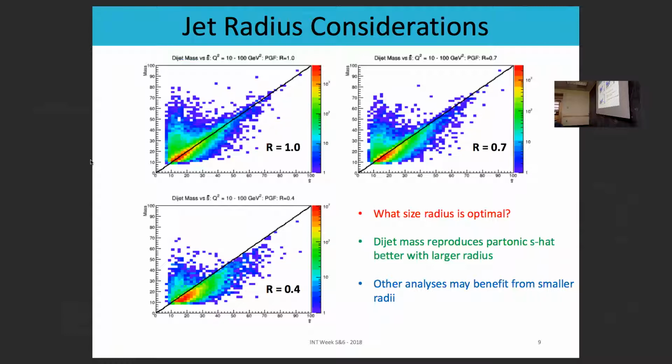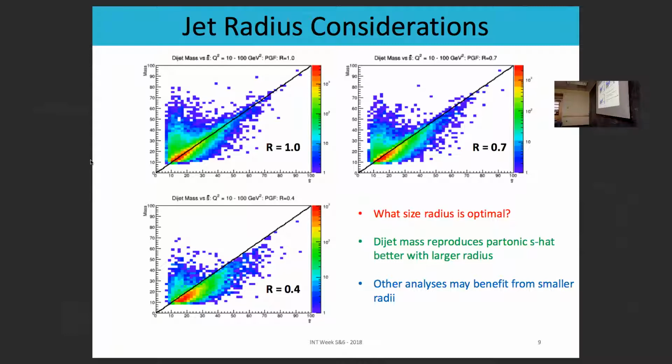So in the context of substructure, I'll talk a little about jet radius later. I just wanted to bring this up when considering jets as a surrogate for the parton. We see that the larger our jet radius, the more faithfully the jet represents the parton.